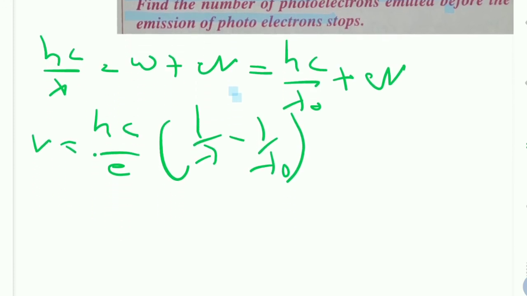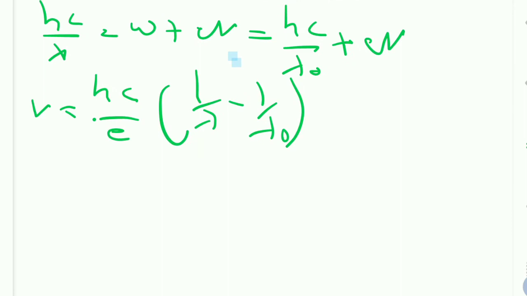So the charge on the sphere needed to take its potential to V is Q equal to 4 pi epsilon naught aV.